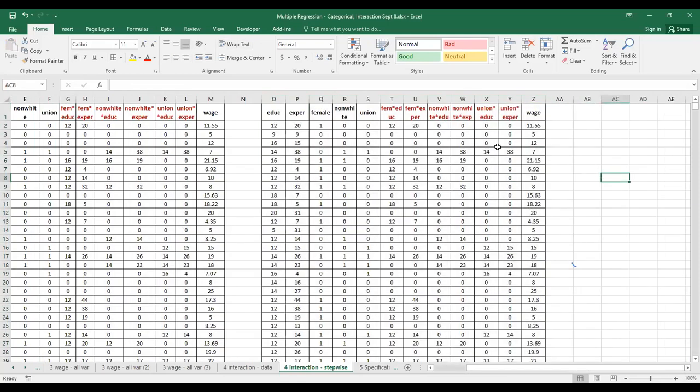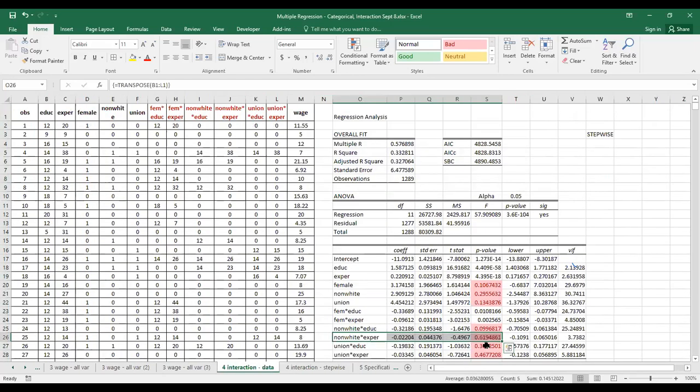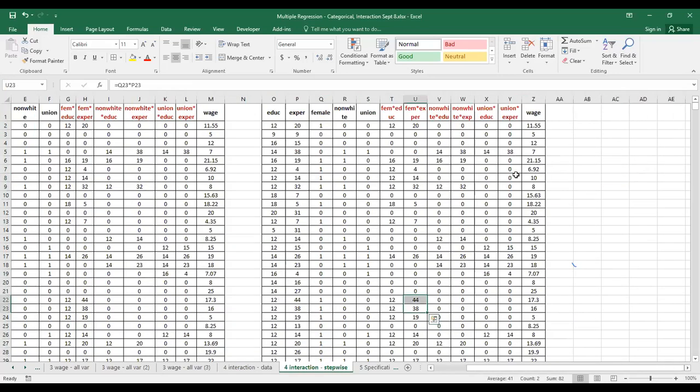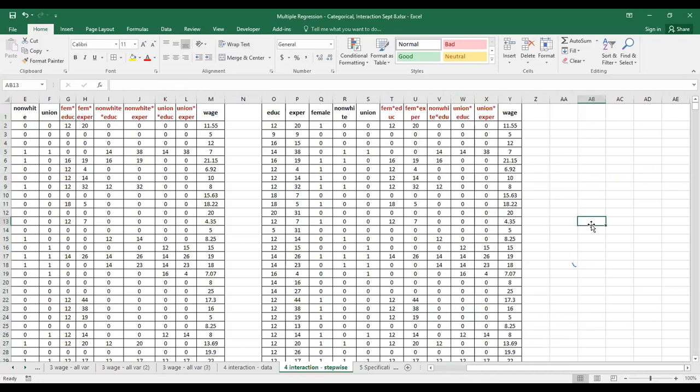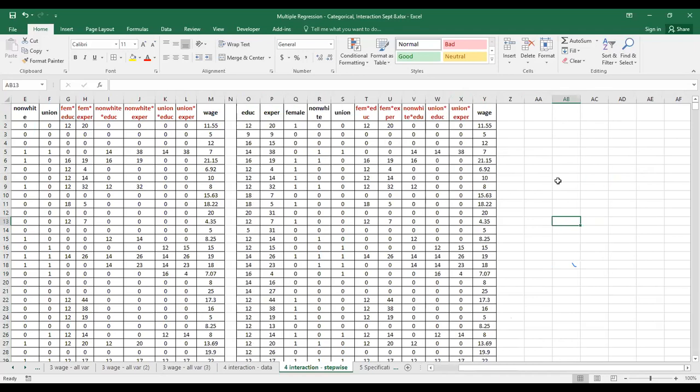Non-white times experience, di ba? Kasi siya yung pinakamalaking p-value. So, you're going to remove that non-white times experience. Tanggalin ko to. Delete. Tapos, ang assignment ninyo, guys, tuloy-tuloy nyo to hanggang maubos. Pakita ko yung next step para i-replicate na to.